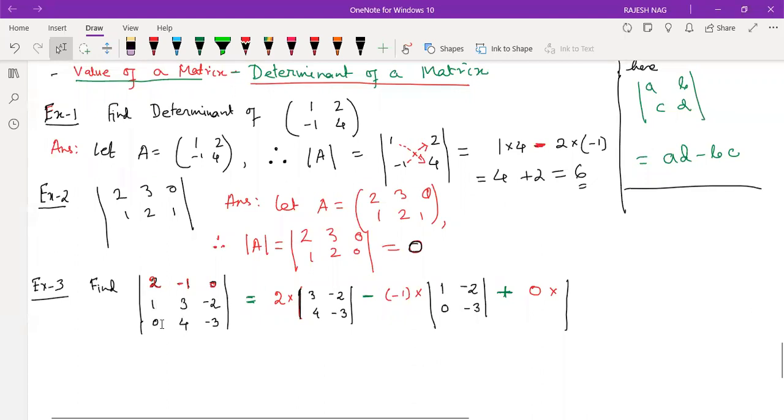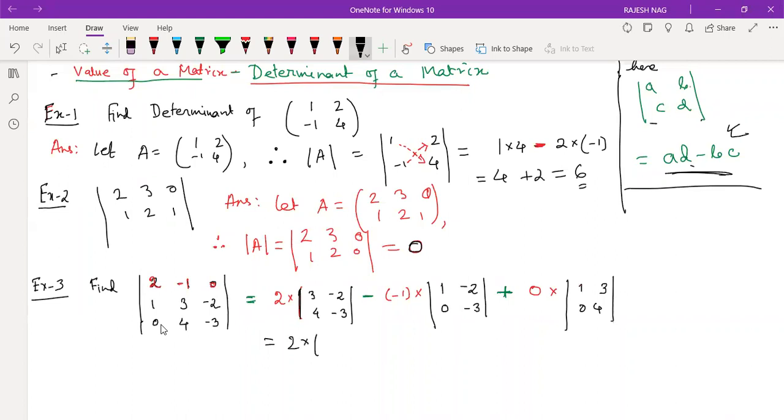So right, 1 3 0 4, and then quite simple calculation, 2 into, as per using this rule, a b c d will be ad minus bc, we know that. So 9 minus 9, minus a minus minus 8, minus a plus 1 into minus 3 minus a plus 0.